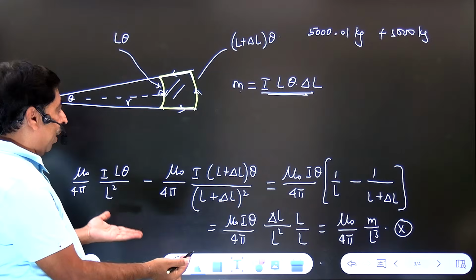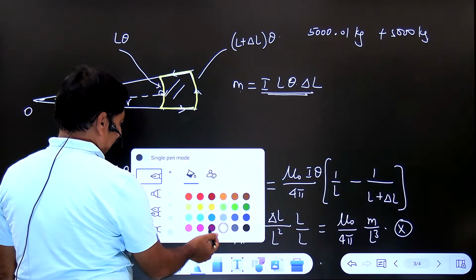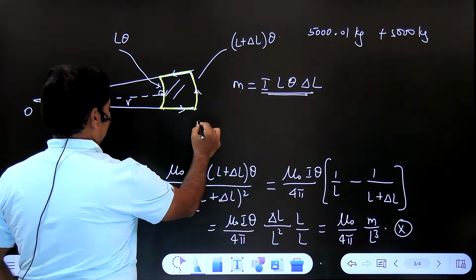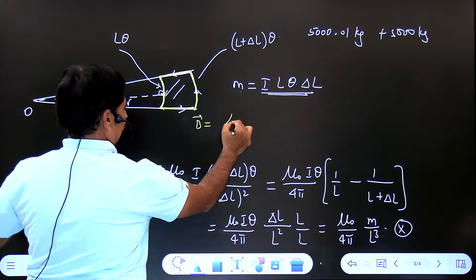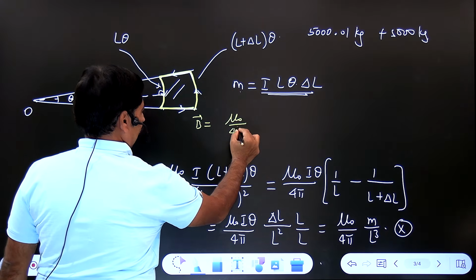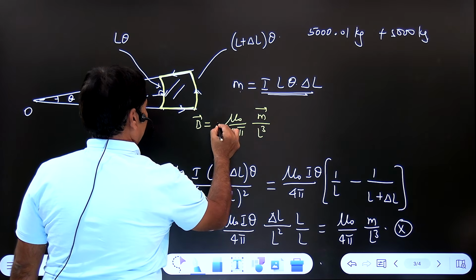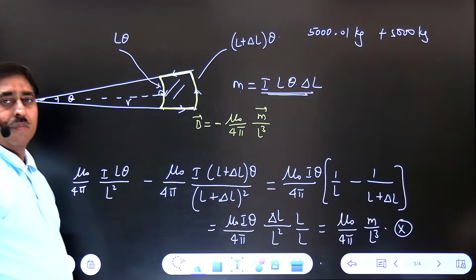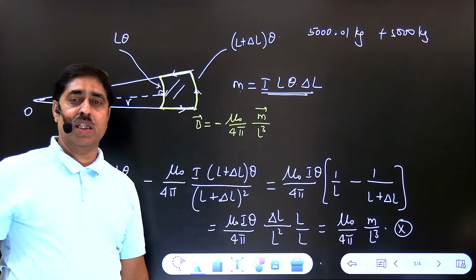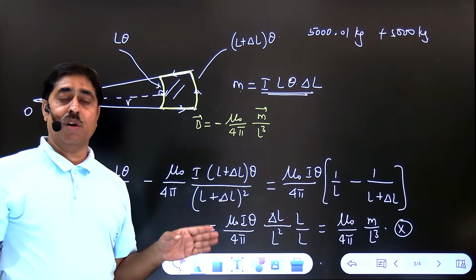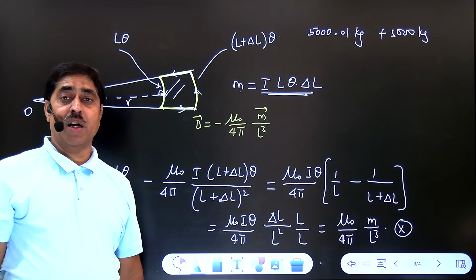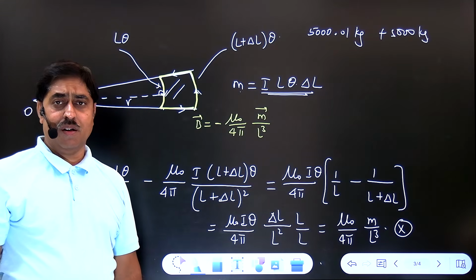So in vector notation I can write that magnetic field at this point is mu naught by 4 pi M by L cube with a negative sign, because the magnetic field points in a direction that is opposite to the direction of magnetic dipole moment of the loop, right?